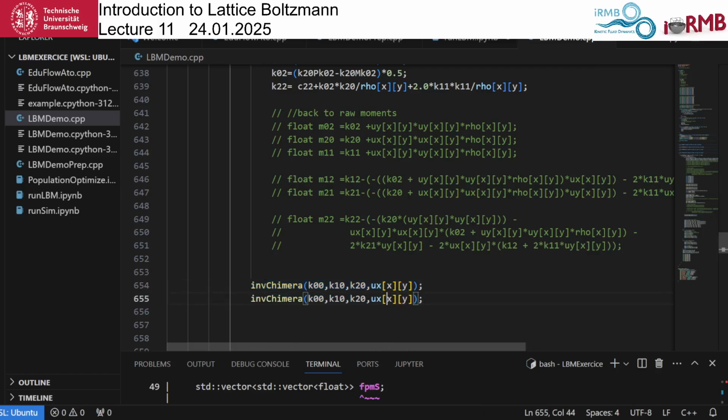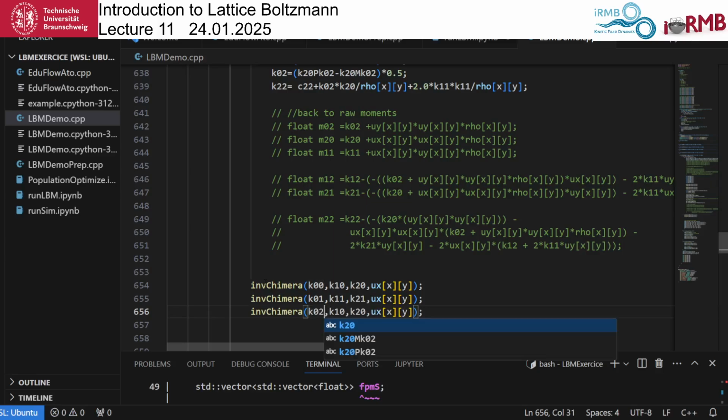Then the same with this being 1, 1, 1, and the same with this being 2, 2, 2.